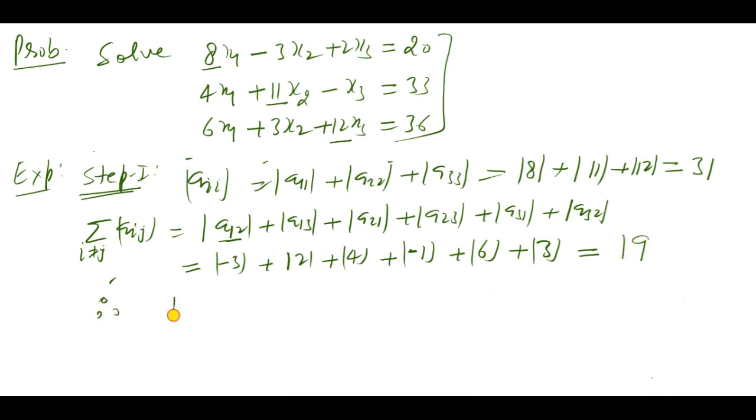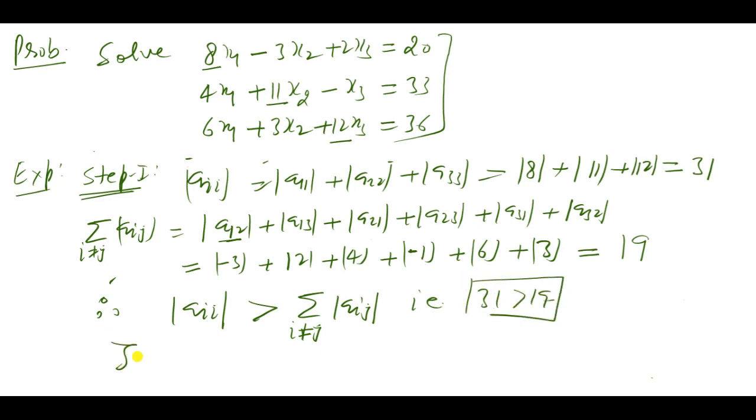Therefore |Aii| is greater than the summation for i not equal to j of |Aij|, that is 31 is greater than 19. So the Jacobi method converges.